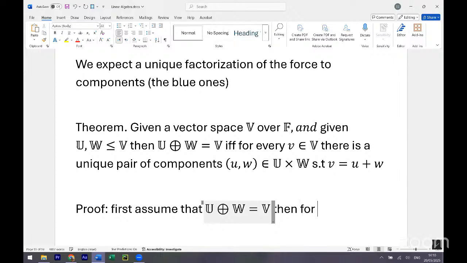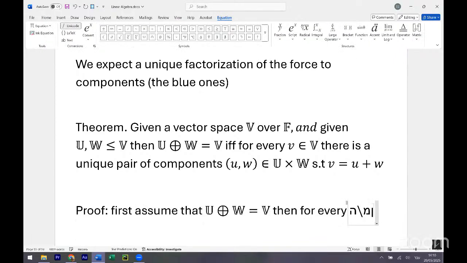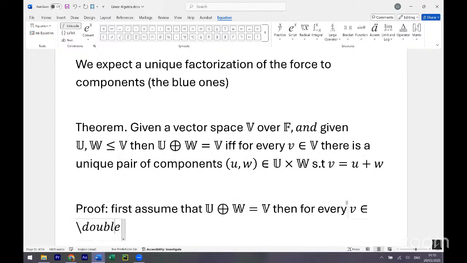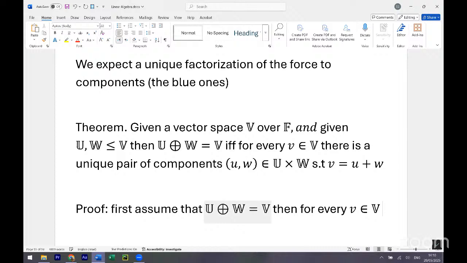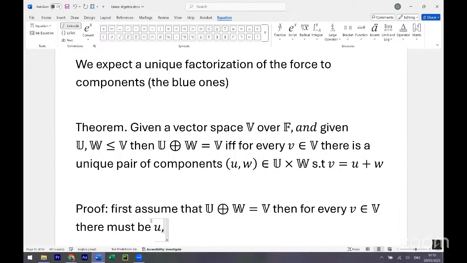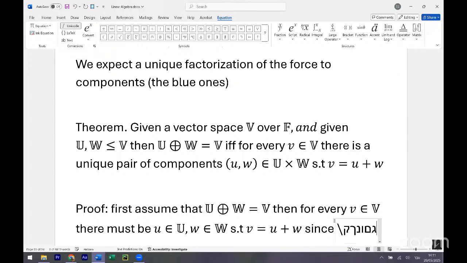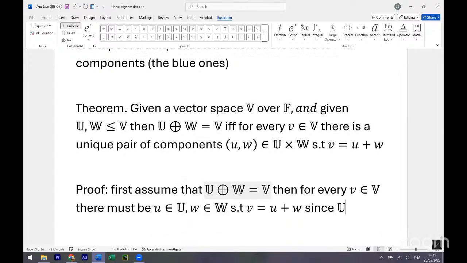Then, for every V in V, there must be U in U and W in W such that V equals U plus W, since U plus W equals V. That's by the definition of a direct sum.